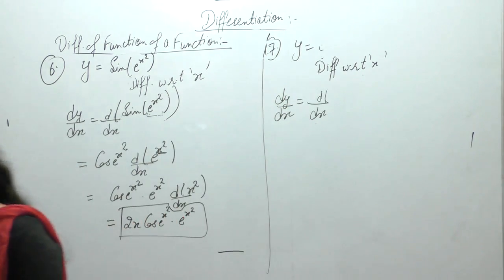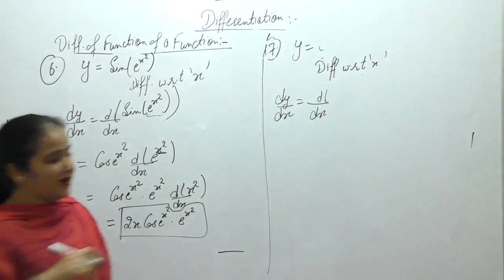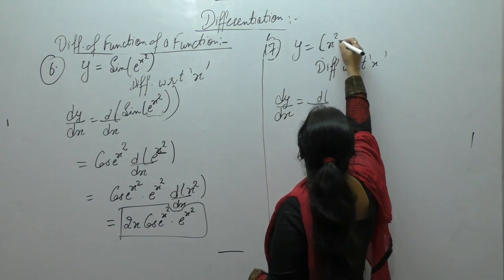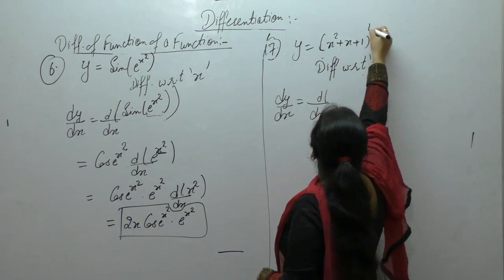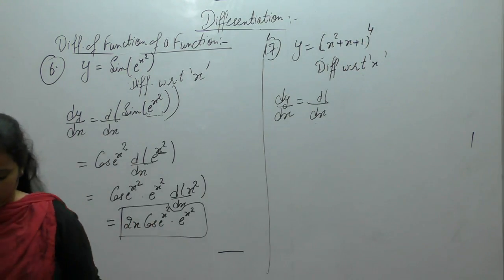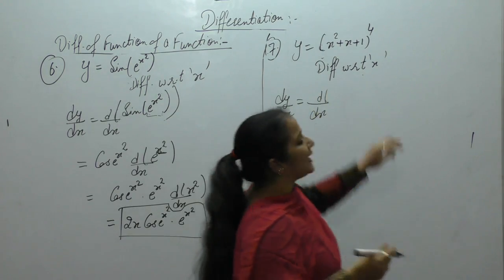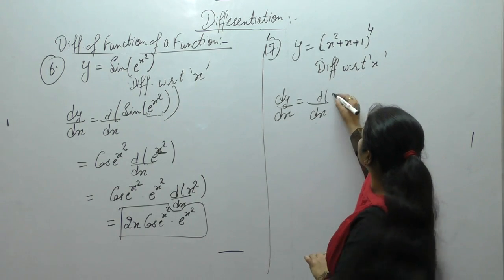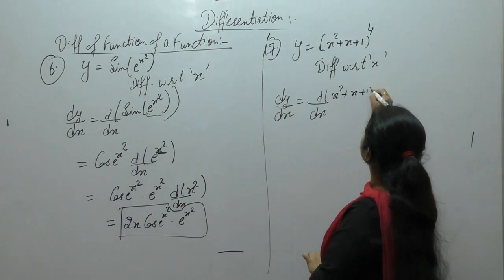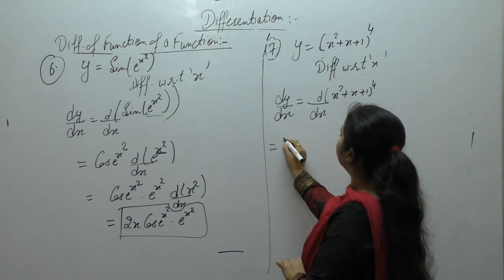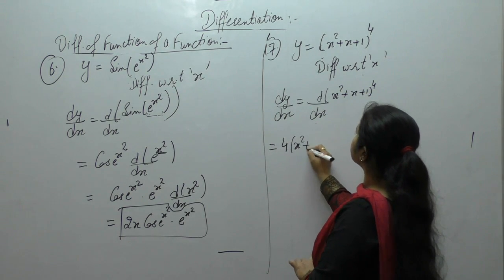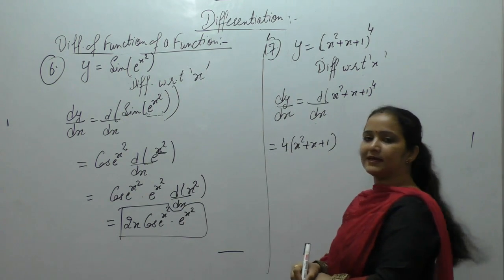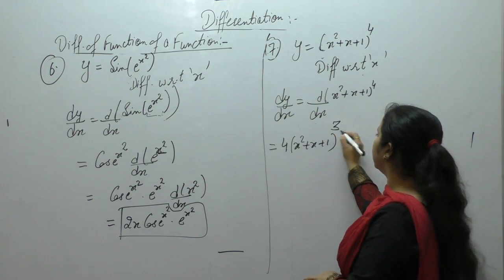Now the next one, y is (x square plus x plus 1) power 4. Now we know the derivative of x power n is n x power n minus 1. Here x is this whole term, n minus 1 is 4 minus 1, that is 3.